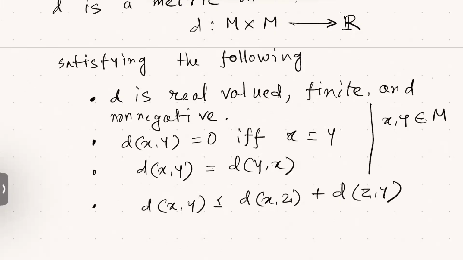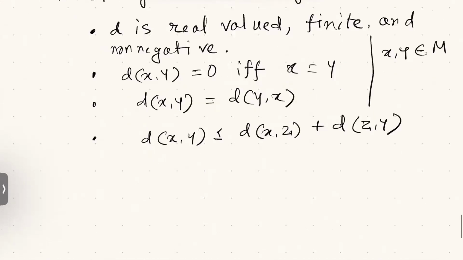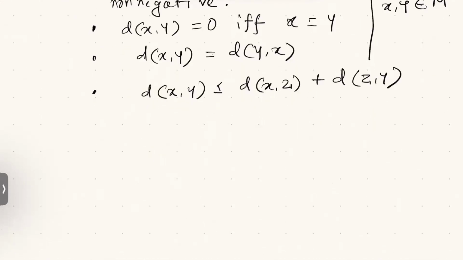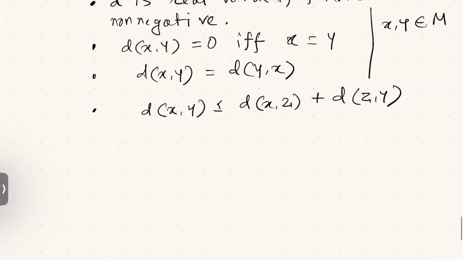Okay. So it gives us a structure which does not require the vector space structure on the set M. You can define a metric on any arbitrary set. Now, one can always define a metric using a norm. Like you can define a metric d of x comma y by just the norm of x minus y.